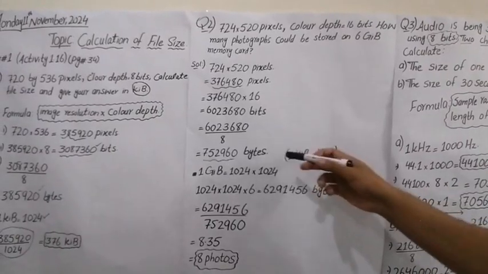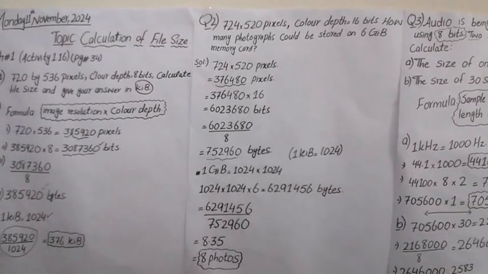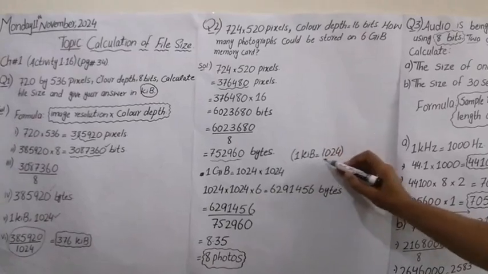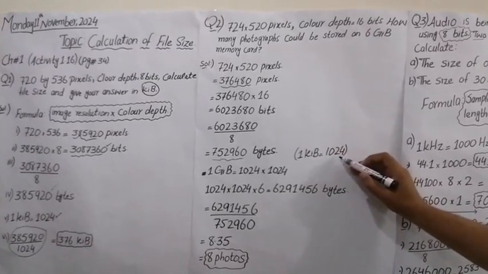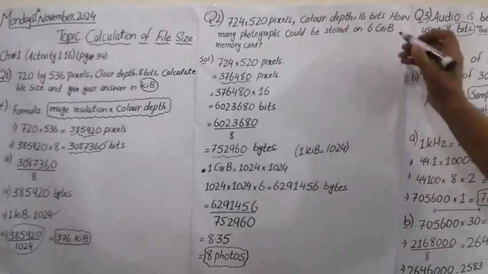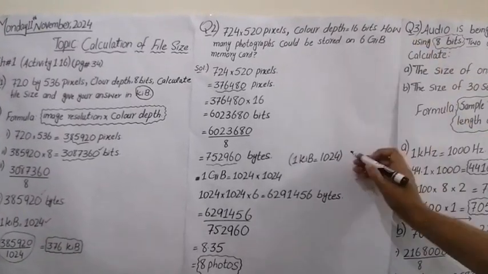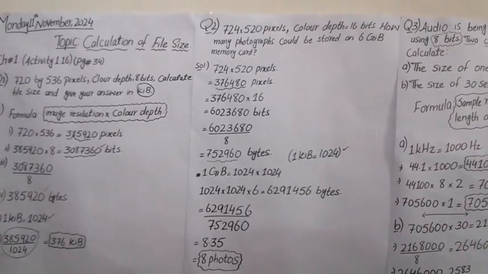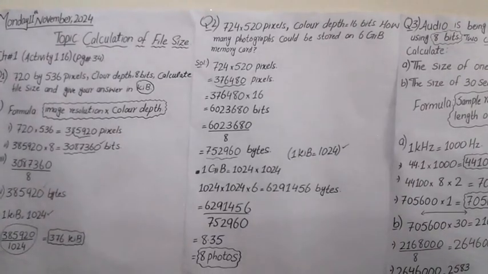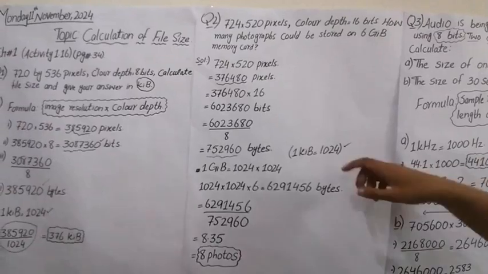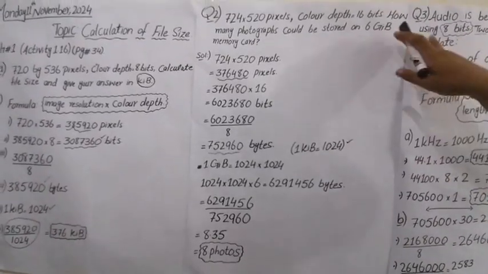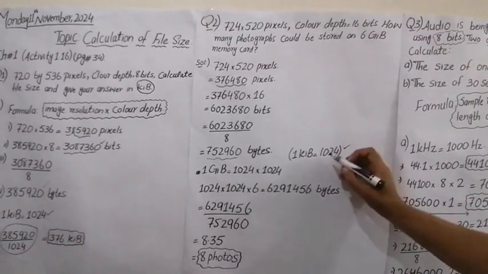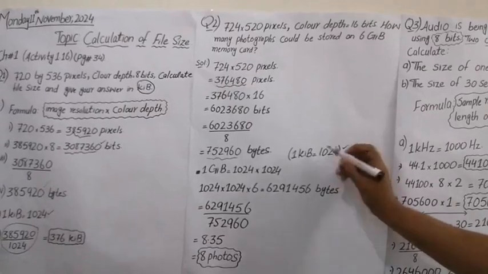So let's move forward from bytes. As I have already told you, 1 KB is equal to 1024, and we have to convert our answer into GB, not KB this time, because in question number 1 we showed the answer in KB. So to convert the answer into GB, we are going to multiply this value of 1 KB twice here.